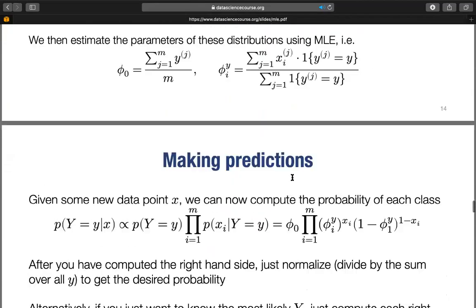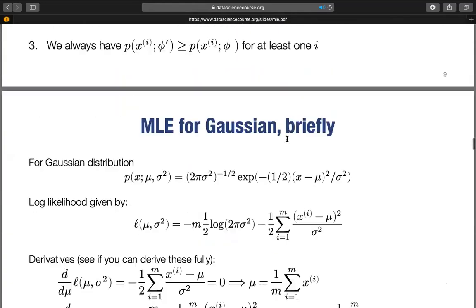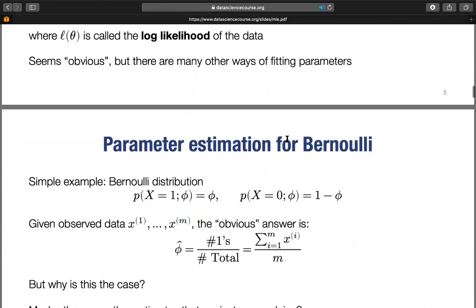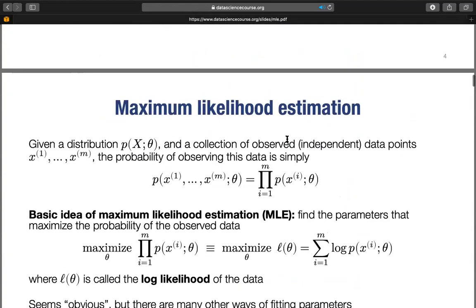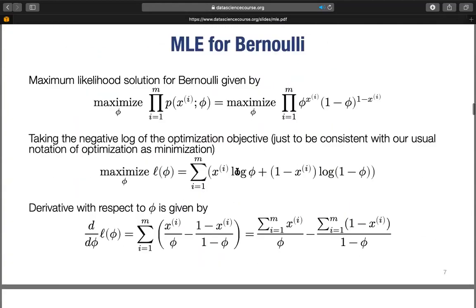So what I'm trying to say now is, remember, let me look for where we have it here. Yeah, so this is it.